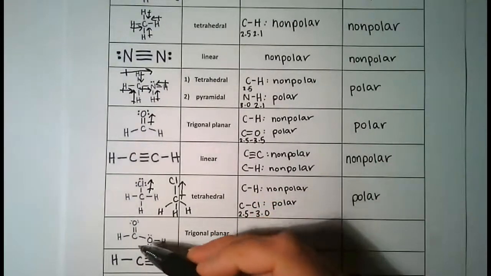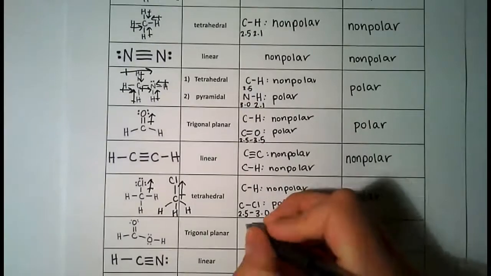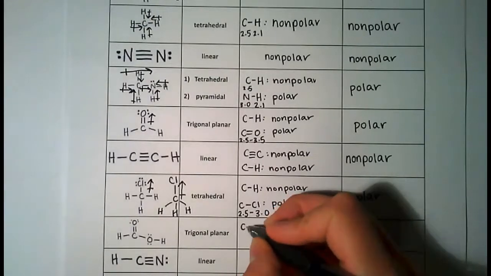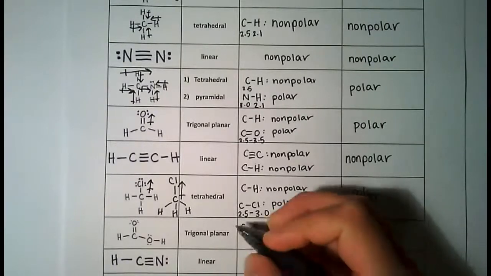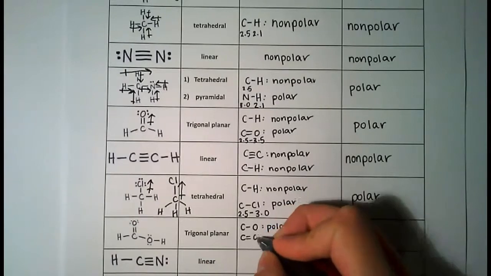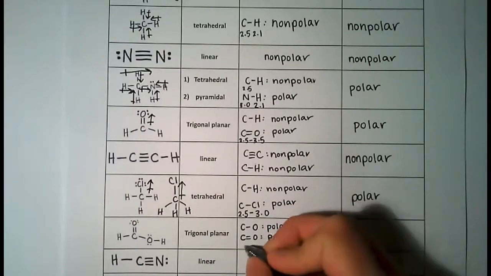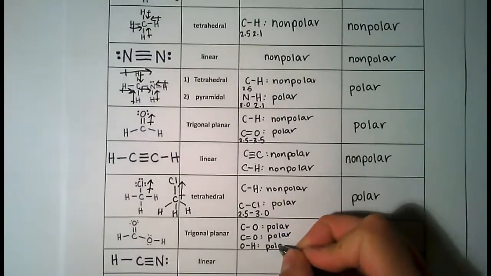Then we have CO2H2. We have several types of bonds here. We have our carbon-oxygen single bond, which is a polar bond. We have a carbon-oxygen double bond, which is also a polar bond. We have an OH bond, which is polar.